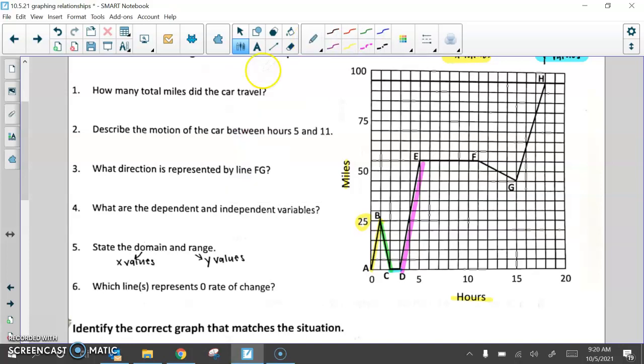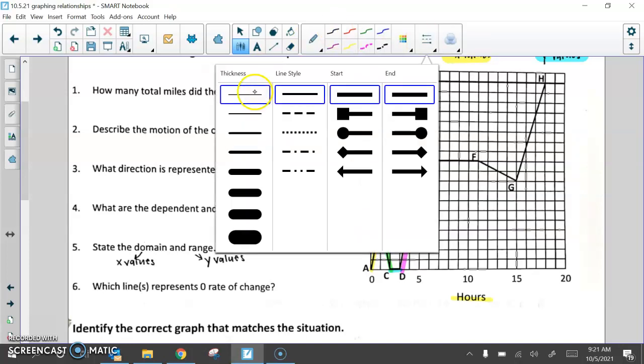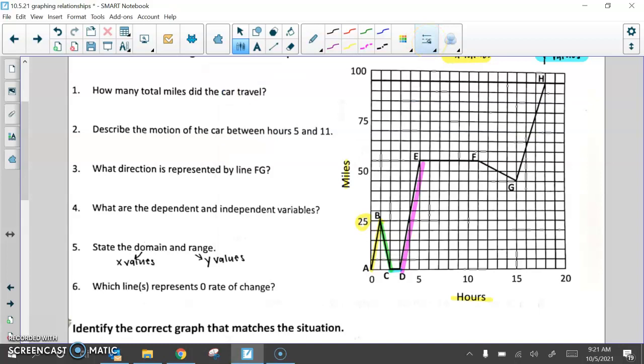So let's start making our list. So for AB, they went 25. Then we go BC. BC went down, but I don't really mind that it went down. You still have to figure out how many miles it went. So it went from here down to 0.